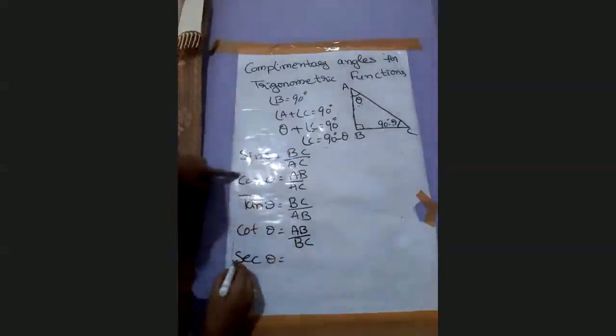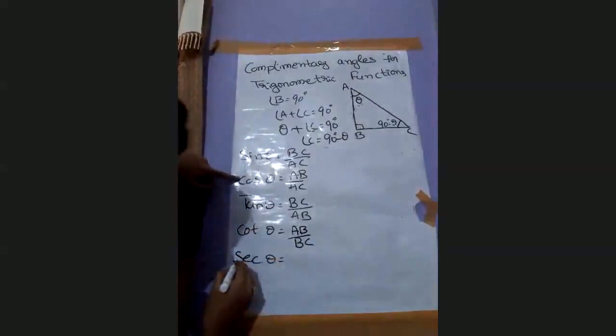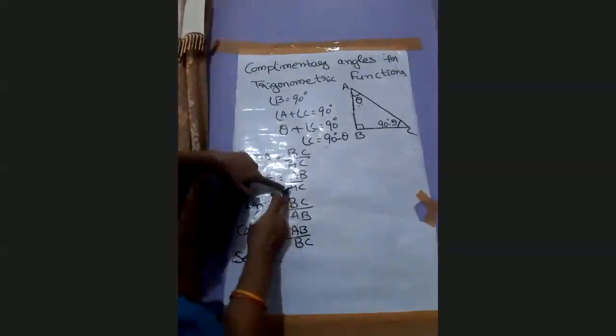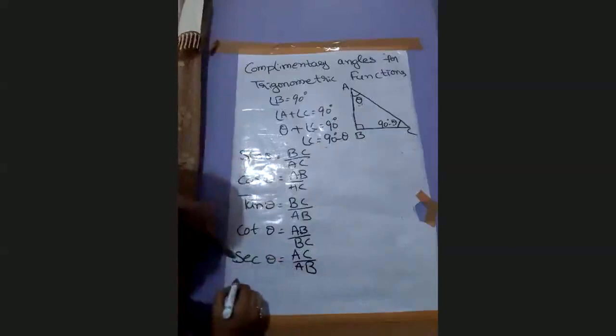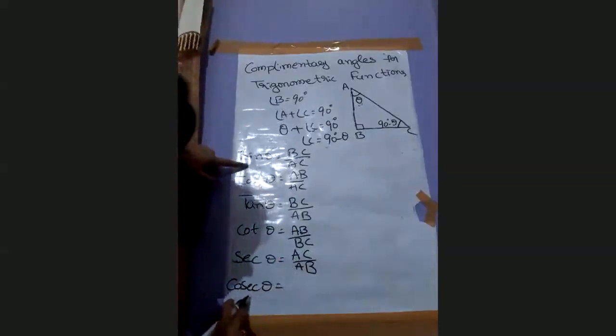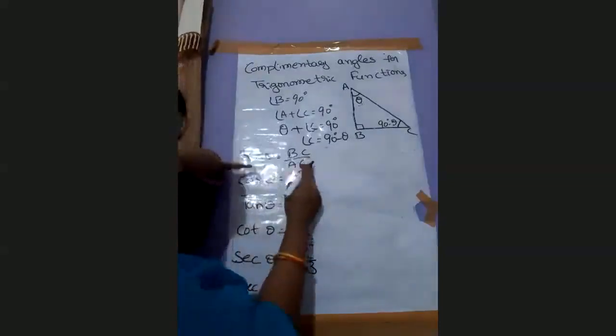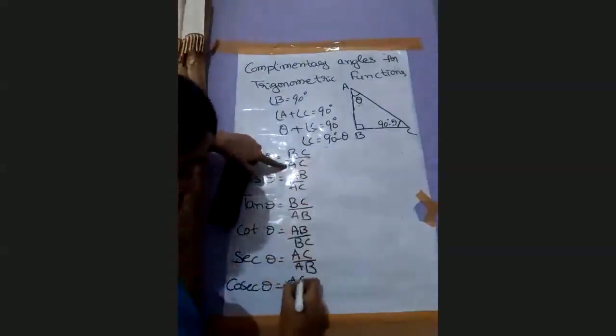Secant theta is the reciprocal of cos theta, so we interchange it: AC divided by AB is the secant. And cosecant theta is the reciprocal, the multiplicative inverse, of sin theta, so AC divided by BC. Right?